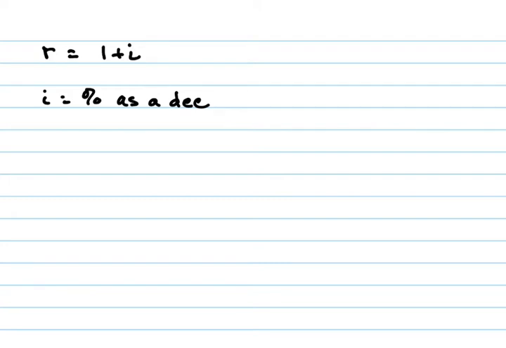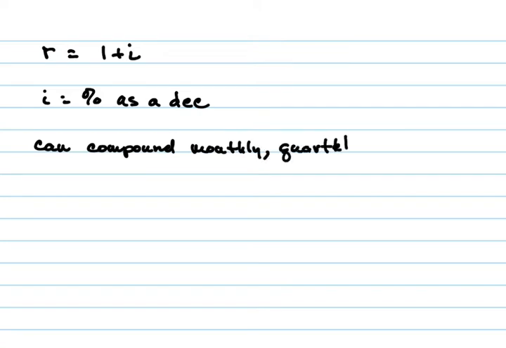But remember that you can compound more than yearly. The original sequence formula has n as a number of years, but you can compound more than once a year. You can compound monthly, quarterly, etc. Fortnightly, right?